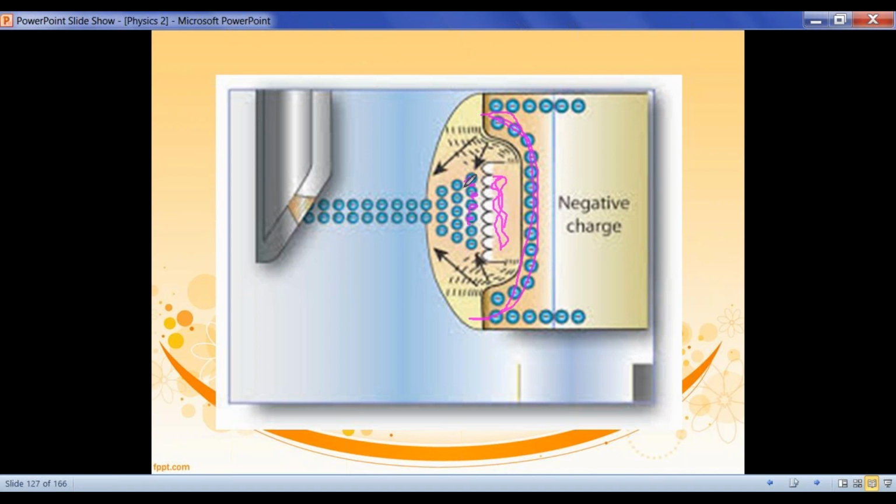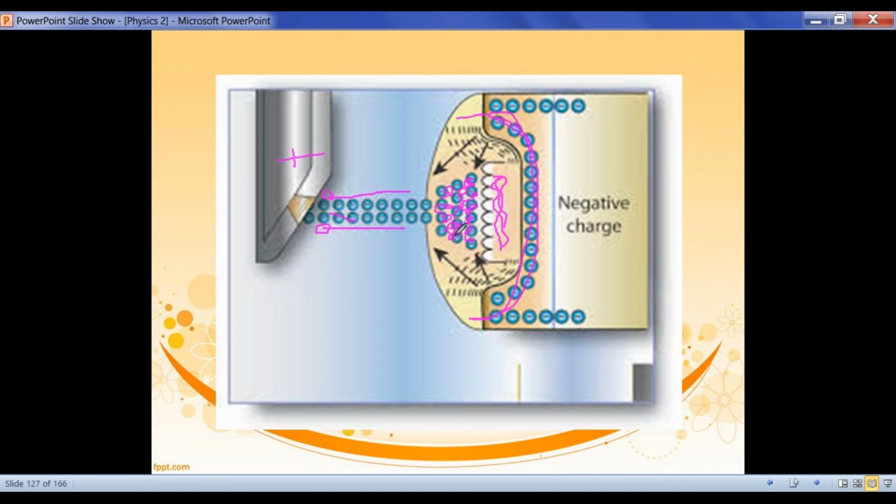So, anong mangyayari? Dahil sa dami ng electrons na nandito, bago po sila i-accelerate papunta sa target, ito po yung ating target, yung positive side, ito po yung negative side, dito po muna sila naka-standby until we apply the high voltage.